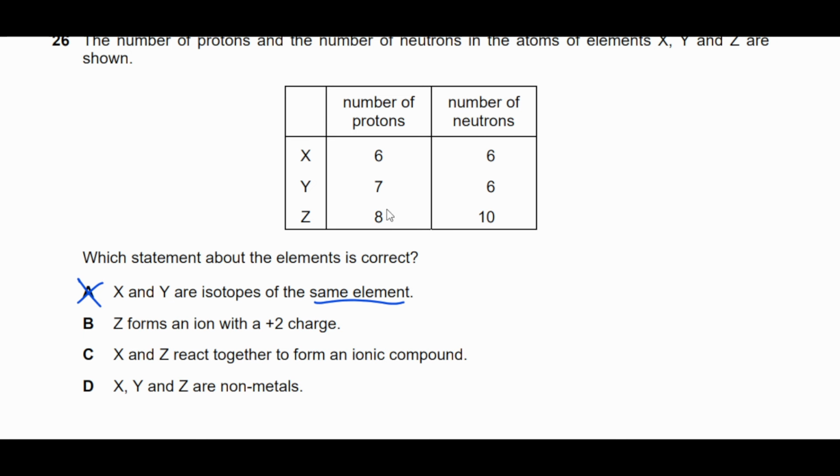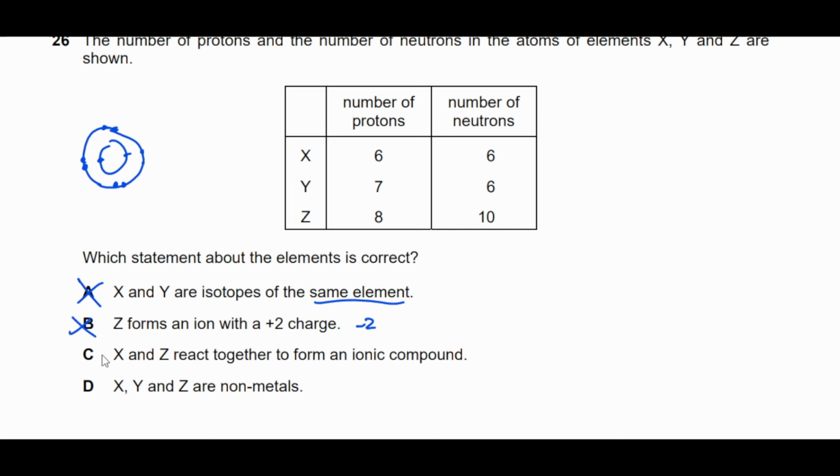Okay, so number of protons is 8, so it will have 2 on the inside and 6 on the outside. So therefore it doesn't form an ion with a +2 charge. It will form an ion with a -2 charge because it needs 2 electrons to fill its outer shell. Okay, so therefore B is wrong.